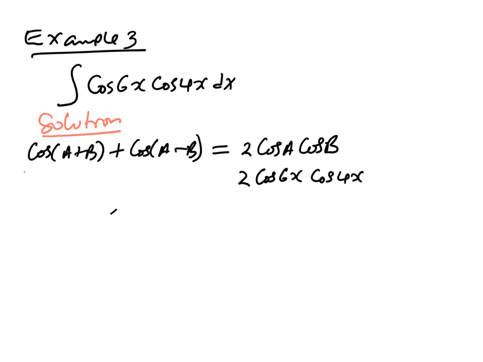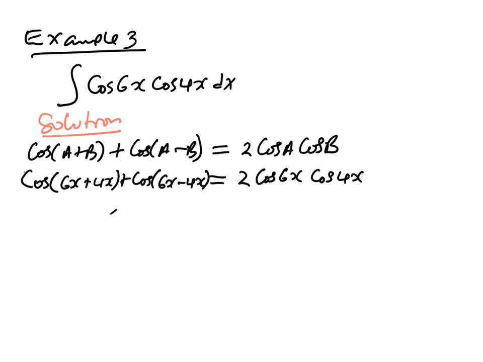Let's put here 2, much as it's not appearing in the equation. We have ways of manipulating it and doing away with it. This is going to be cosine of 6x plus 4x, plus the cosine of 6x minus 4x.